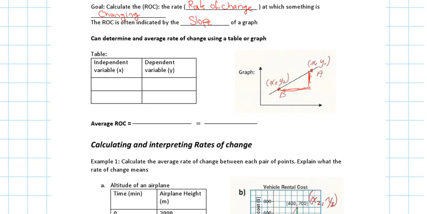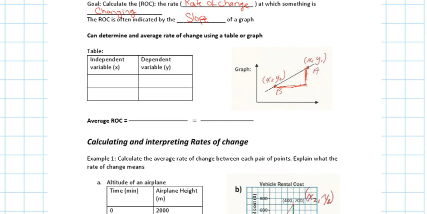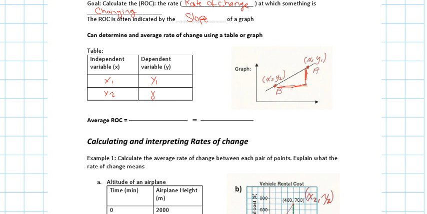So the independent variable is x1, x2, and your dependent variable is y1, y2. So your point A is x1, y1. And point B is x2, y2.